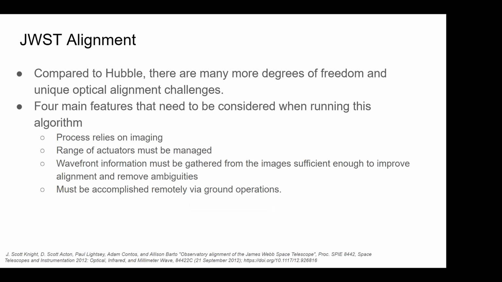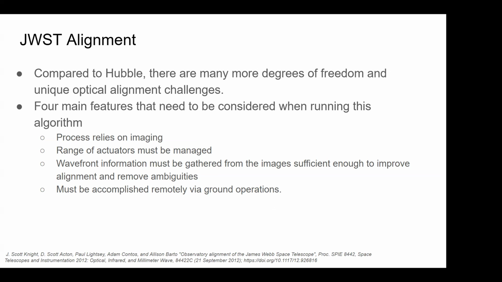But moving on to the James Webb Space Telescope alignment. Compared to Hubble, there's a lot more degrees of freedom and a lot more optical challenges to overcome with this alignment. When developing the algorithm, there's a lot of features that need to be considered. They wanted to make sure that they can do this alignment based off of their imaging, like active capture of images.